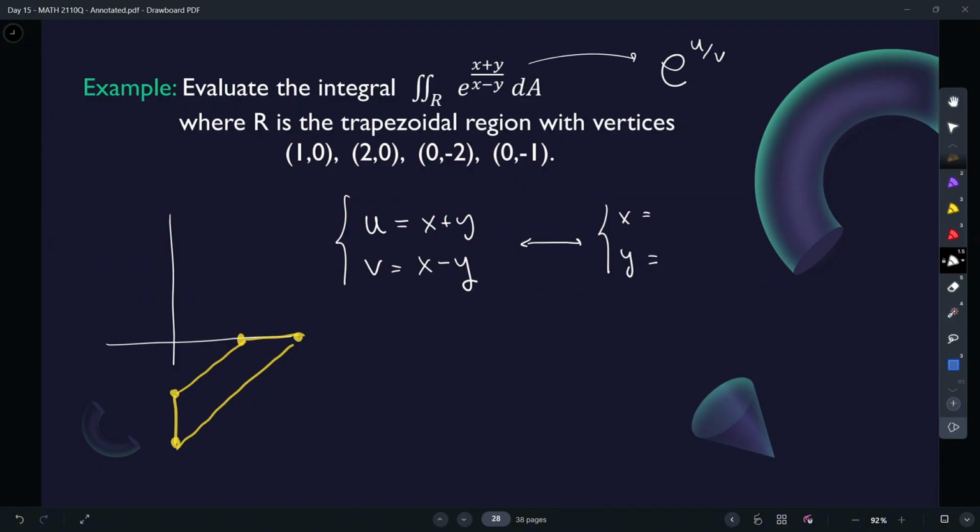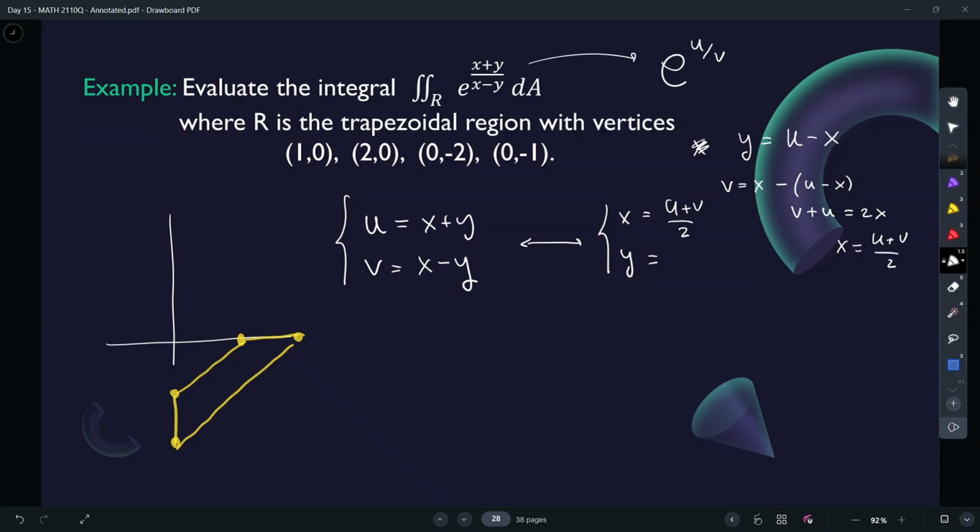So if I try to solve this system for x and y, the first thing I would do is write y as u minus x, and then plug into the other one, and I get that v is x minus (u minus x), and that gives me, let's see, v plus u is 2x, so x is (u plus v) divided by 2.